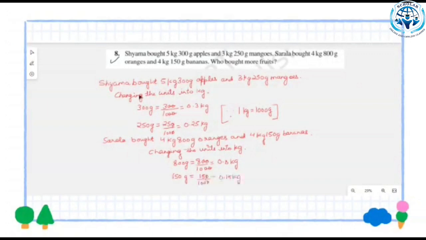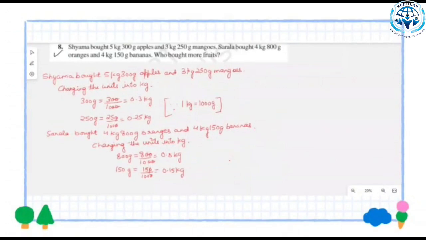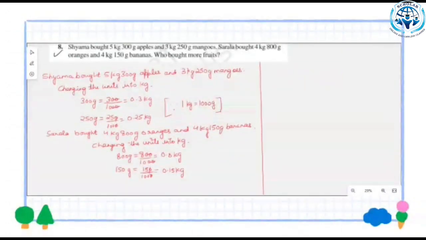So we have changed from gram to kilogram.